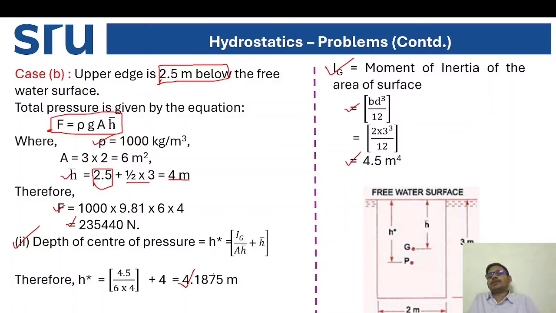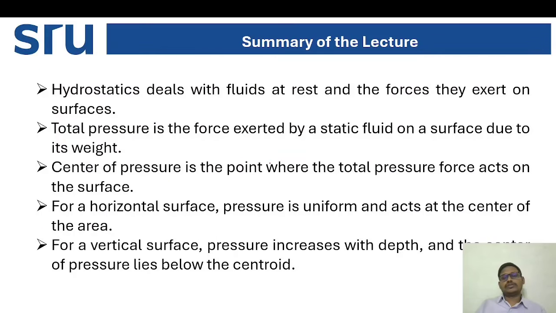So Ig is nothing but the moment of inertia of the area of the surface, b d cube by 12. So 2 into 3 cube by 12, that is 4.5 meter to the power 4. Therefore H star is equal to 4.5 by 6 into 4 plus 4, that is equal to 4.1875 meters. So we'll see the summary of the lecture.